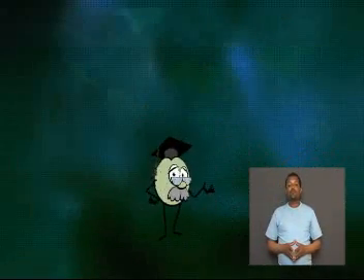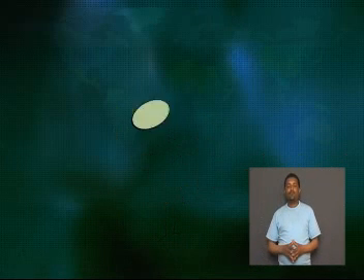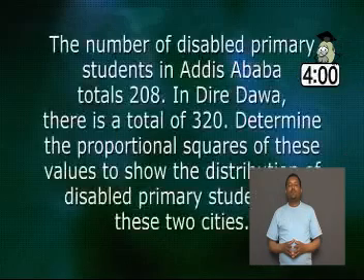In Dire Dawa, there is a total of 320. Please determine the proportional squares of these values to show the distribution of disabled students in these 2 cities. Please begin, students. Students, let's get ready. Begin.